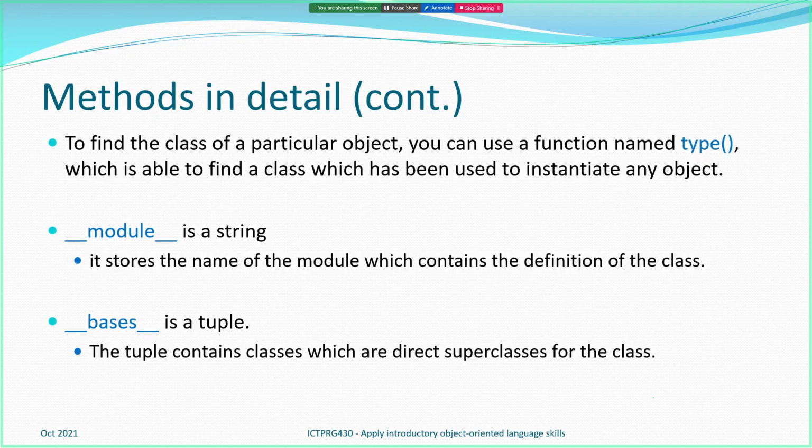Another one that you may want to use is module, which is a string that stores the name of the module which defines the class. Bases is a tuple which gives you the classes which are direct superclasses for the class.